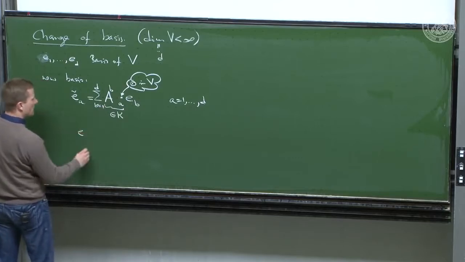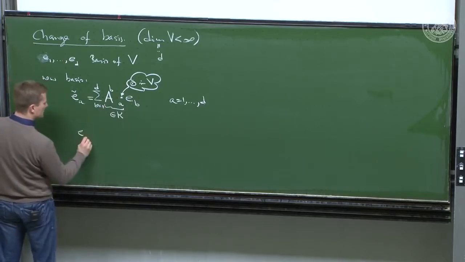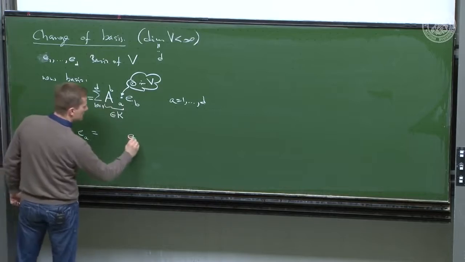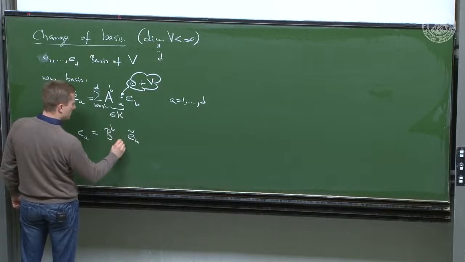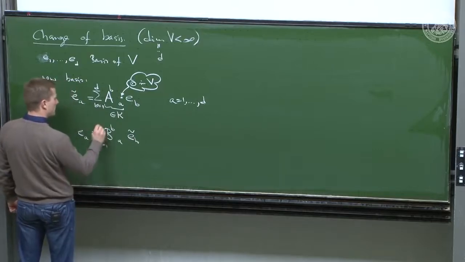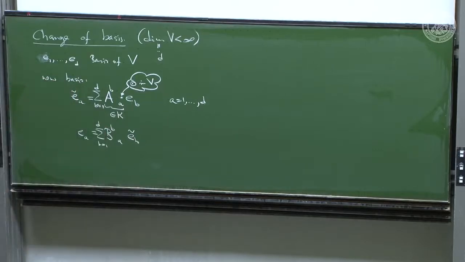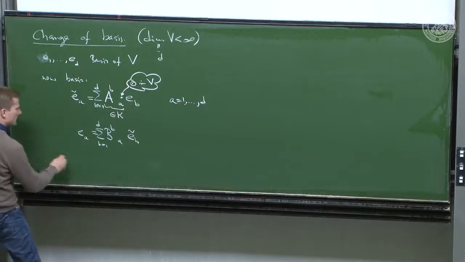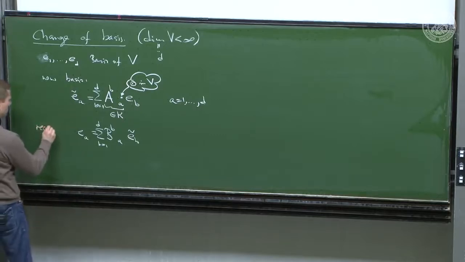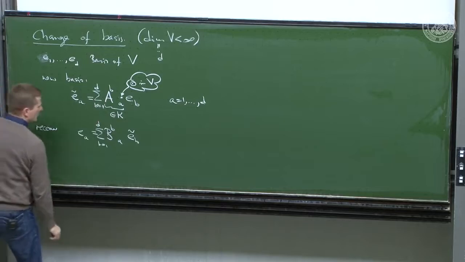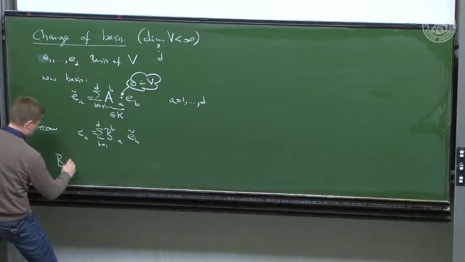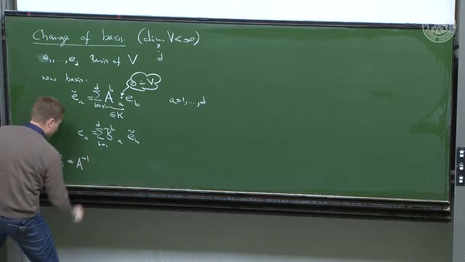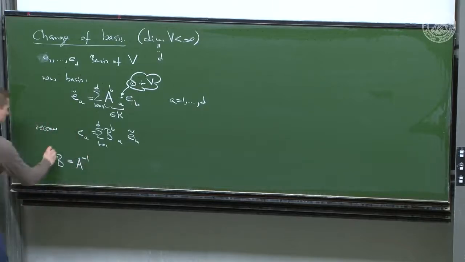You need to be able to also recover the old basis E_A from the new basis E twiddle, and let's say that is by coefficients B, with a sum B equals 1 to D. If this is both possible, then it's easy to check that B, as a matrix, if you wish, is the inverse of A. We'll talk about matrices in a second.